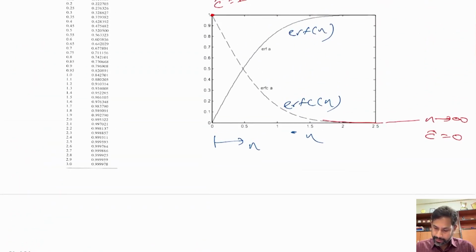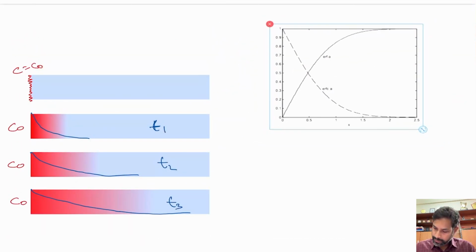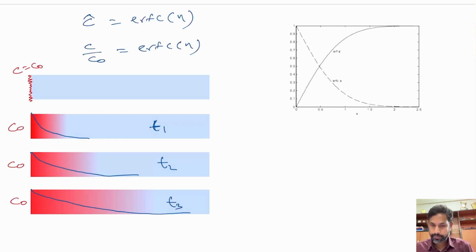And that can actually be understood from this plot here. This is the error function, and what we know here is C hat is ERFC of eta. In other words, C over C naught is equal to ERFC of eta. That is why it depends on eta, and eta, if you remember, depends on x over 2 root Dt.